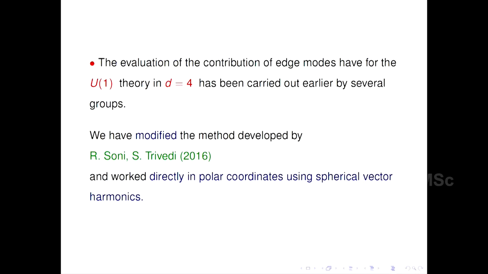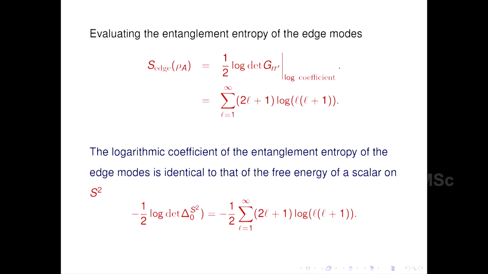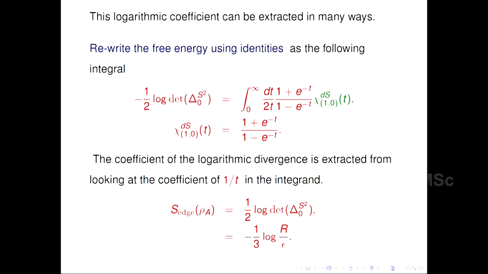One of the things about that scalar Laplacian is that you can rewrite this using a set of identities in the following form. This is just rewriting the whole scalar Laplacian in a set of identities, and you result in this particular form. And the logarithmic divergence can be extracted by just looking at the 1/t term in this integrand.